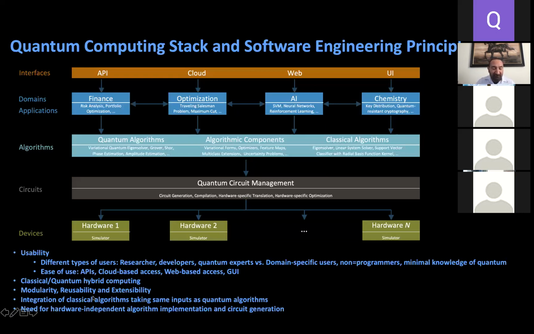We also have the need for, as I mentioned before, the classical algorithms to take the same input as the quantum algorithms. And in this phase of quantum computing, it's also important, in my opinion, to be able to build algorithms that are flexible and that can be executed on different computers, different hardware.